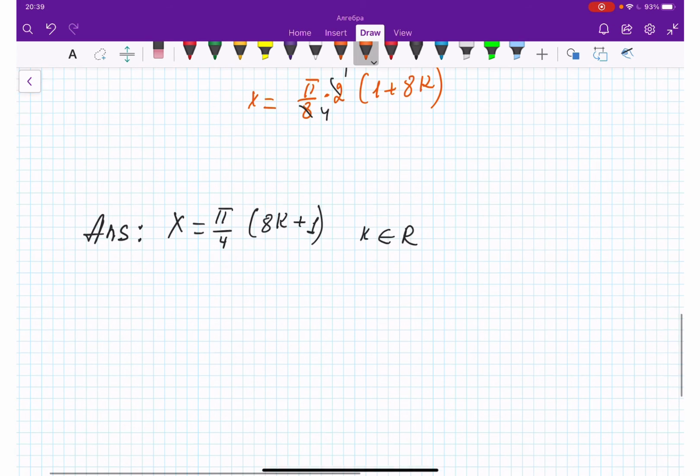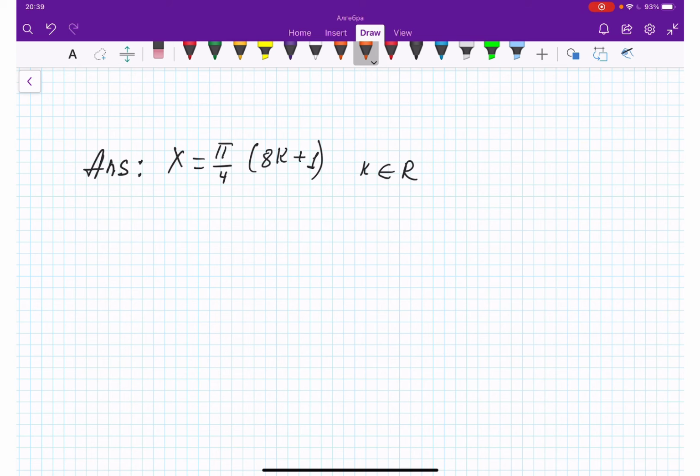Next, we are going to solve the system of equations. We have sine x cosine y is equal square root of a. Sine x cosine y is equal 1. Okay, in one case I'm going to add these two equations, and in the other case I'm going to subtract these two equations.